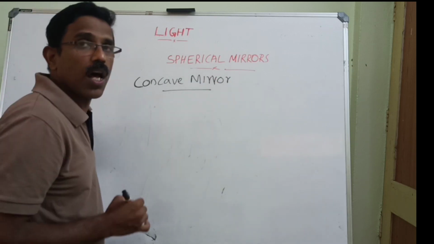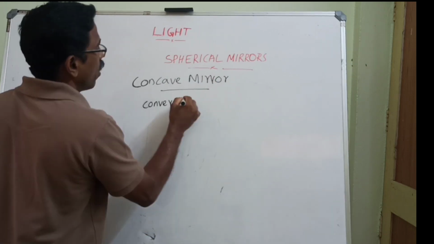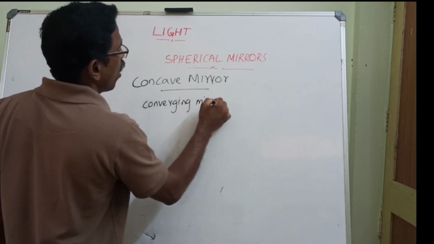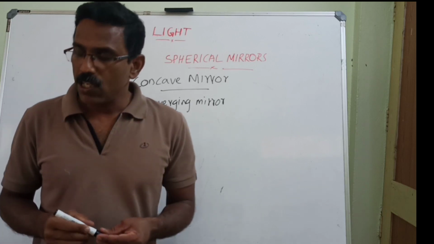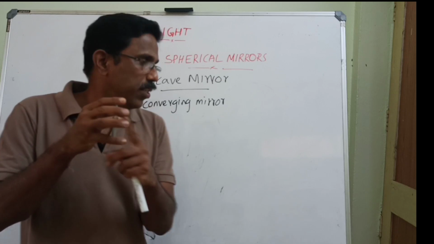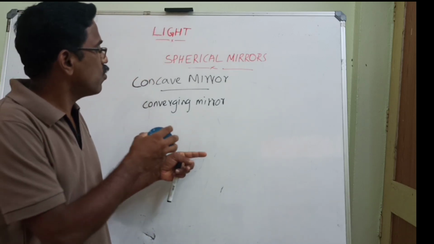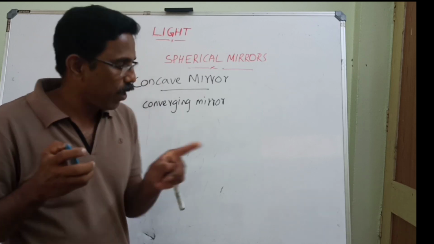Concave mirrors are otherwise called converging mirrors. Why are they called converging mirrors? When light falls on this concave mirror, this light converges to a point. You can focus this light on a particular point.